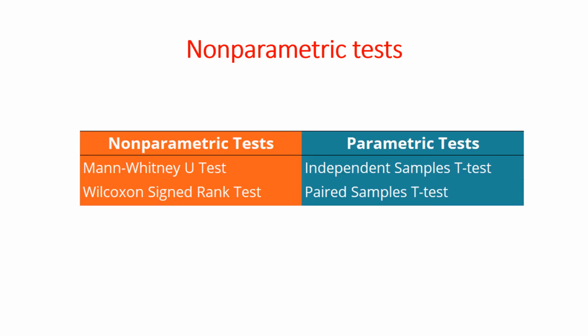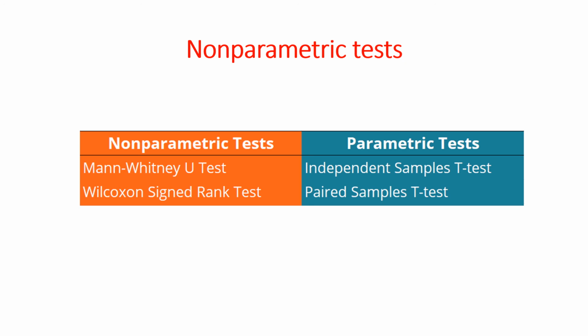There are also some non-parametric tests. For example, where the normality of distribution is not met, we could use non-parametric tests, or sometimes our dependent variable is not interval or continuous, it's just ordinal, so we could use non-parametric tests.